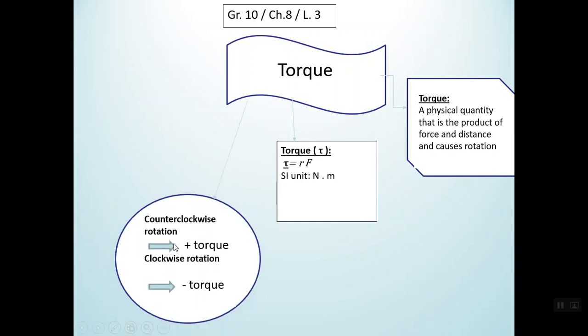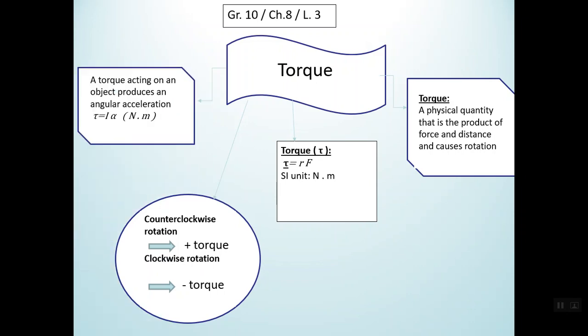If we have counterclockwise rotation, the torque is positive, and when we have clockwise rotation, the torque has a negative sign. The torque acting on an object produces an angular acceleration, and we can write torque is equal to I times alpha, where I is the moment of inertia and alpha is the angular acceleration.